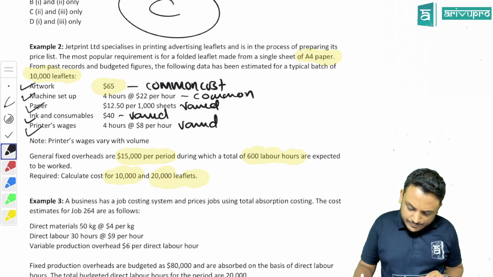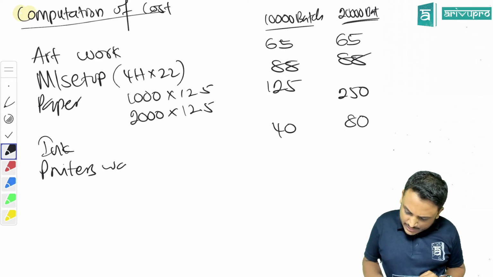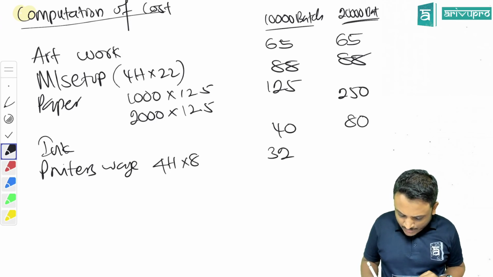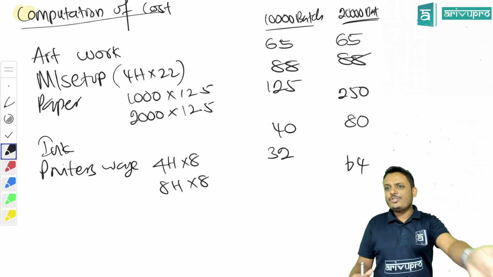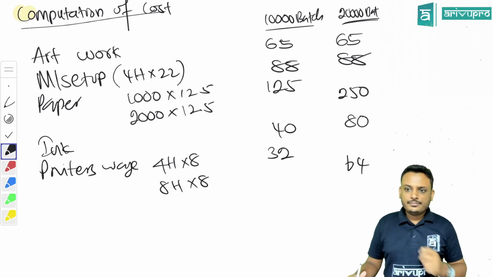Printer's wage. 4 hours at 8. So 32. 8 hours at 8. How much? 64. Clear? Because if you want to produce more, you need to spend more time. Yes, Khan.